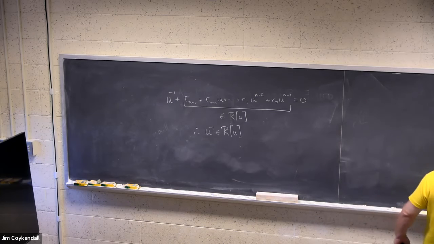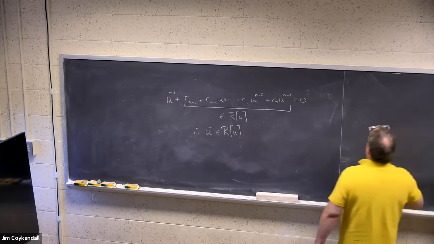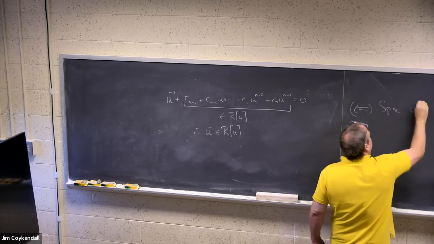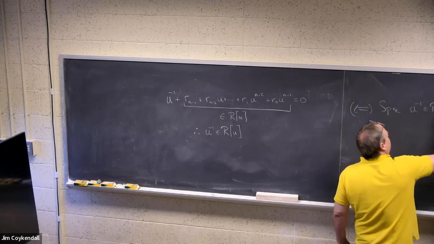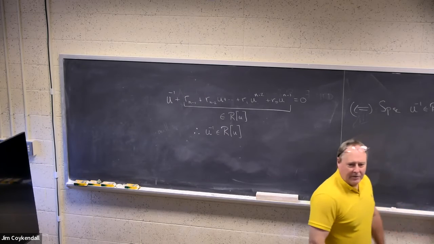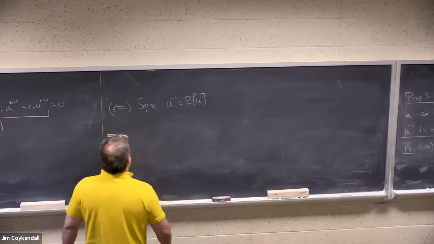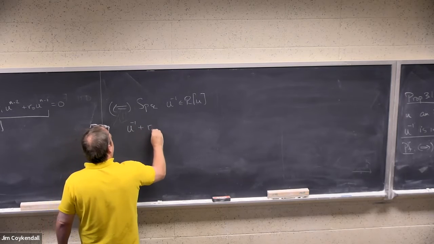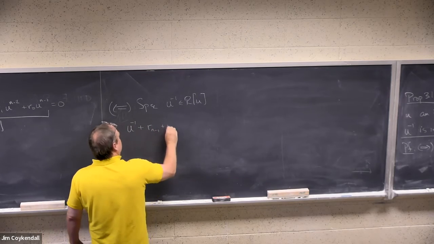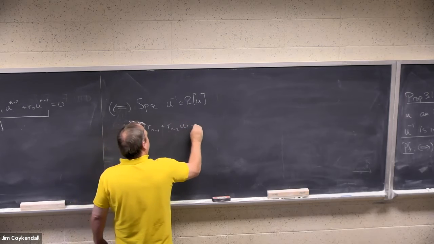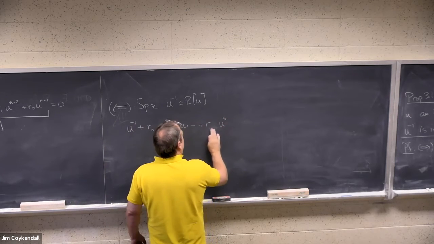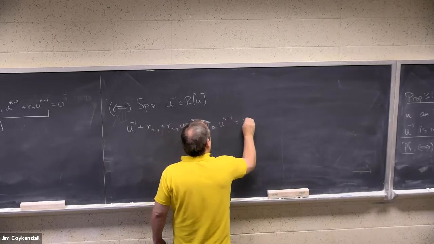On the other hand, the proof in the other direction is almost identical. Suppose U inverse is in R[U], then you basically just build it back. So U inverse plus R[U] of U to the n minus one.